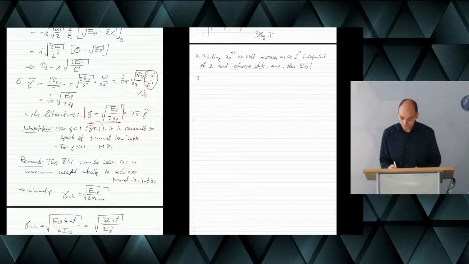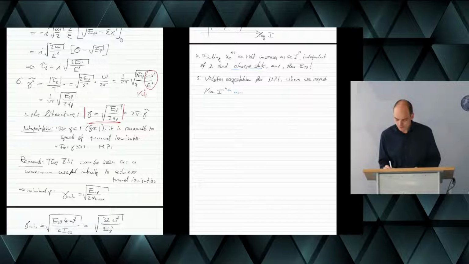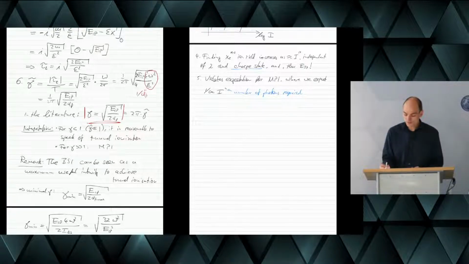And this violates the expectation for multiphoton ionization, where we expect that the yield scales as intensity to the nth power, where n is the number of photons required for ionization.